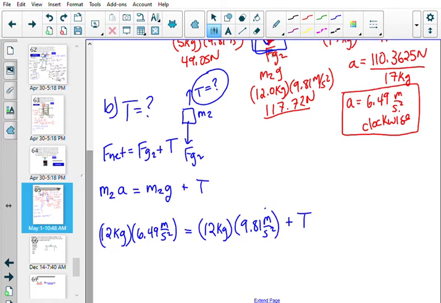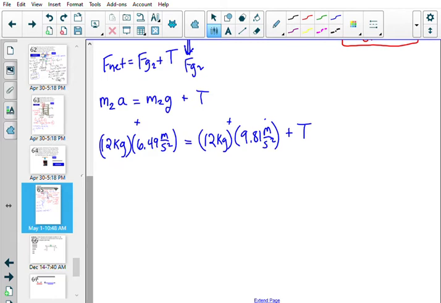And we have to think about what our directions are. We know the acceleration was clockwise, so this was supposed to be positive. I know my Fg2 is downward. That was clockwise as well, so this was supposed to be positive, so I don't have to make anything negative. So now I can solve this for T. Let's just take it over and subtract.